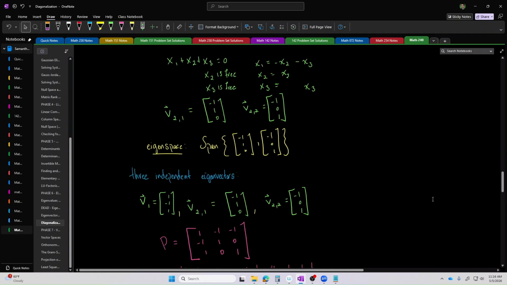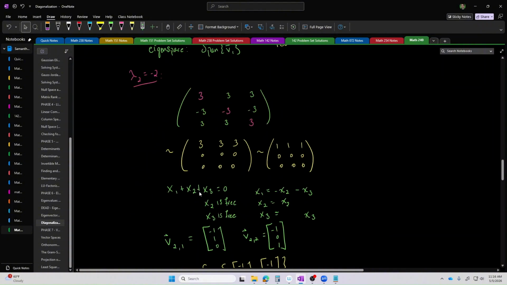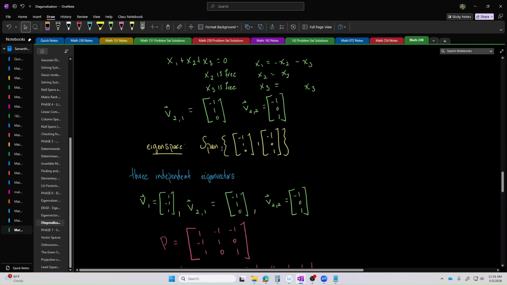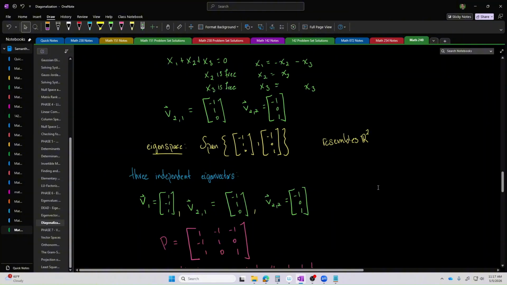The same thing was true with the other eigenspace that we calculated later on in this example. The eigenspace corresponding to the eigenvalue -2 for this matrix was spanned by two vectors. So graphically, this eigenspace looks like a plane, and it resembles R2. It behaves like R2, even though it's not, strictly speaking, equal to R2.